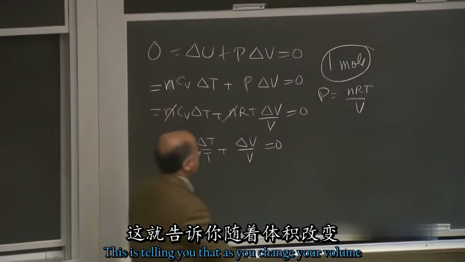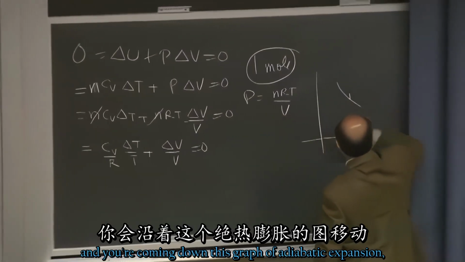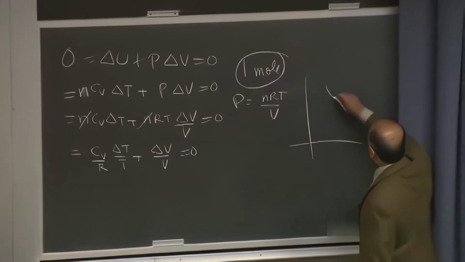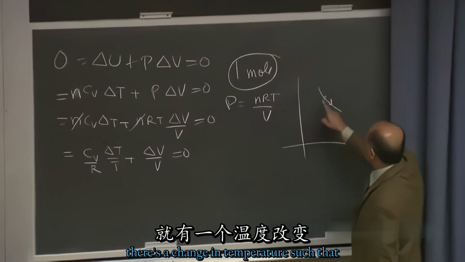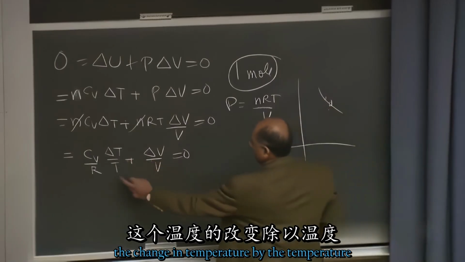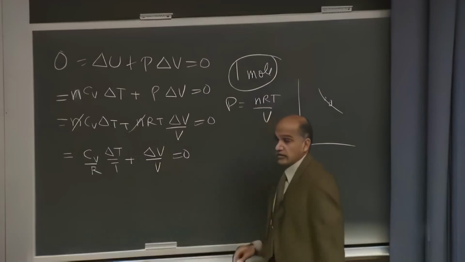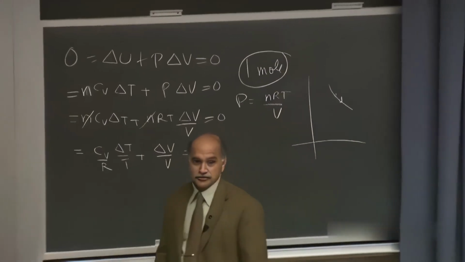This is telling you that as you change your volume and you're coming down this graph of adiabatic expansion, when you go from there to there, there's a change in temperature such that the change in temperature divided by the temperature plus the change in volume divided by the volume should add up to 0. That is a condition of no heat flow.